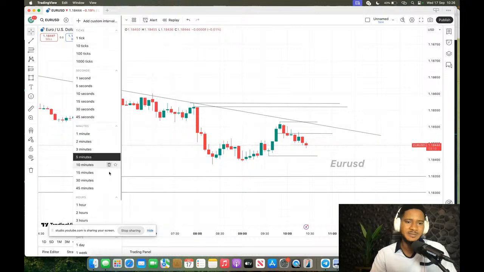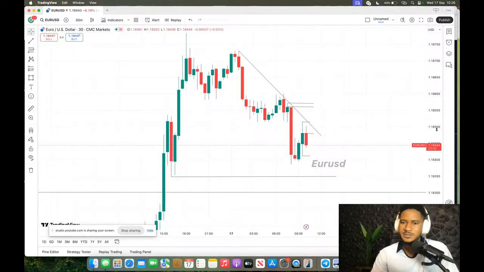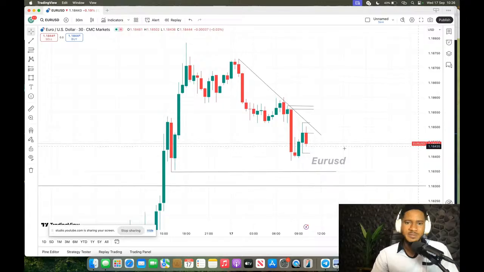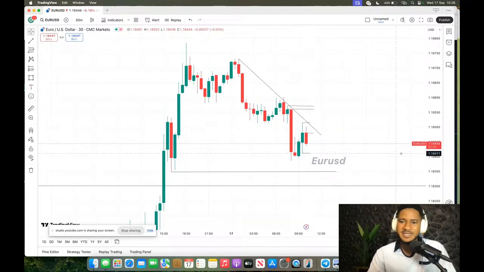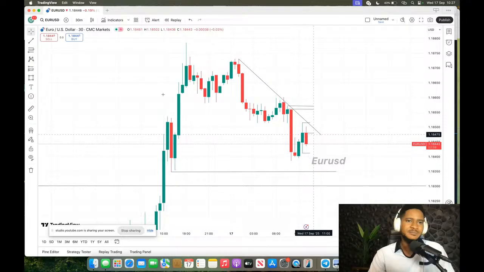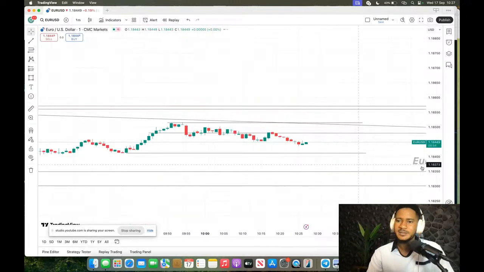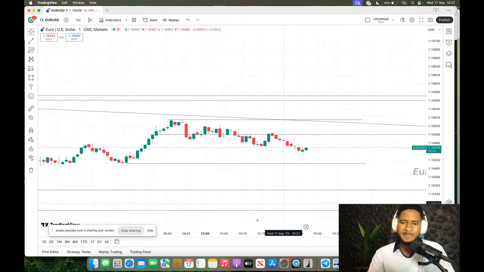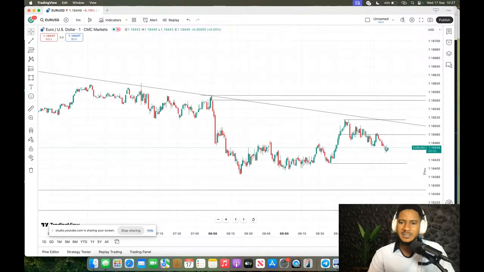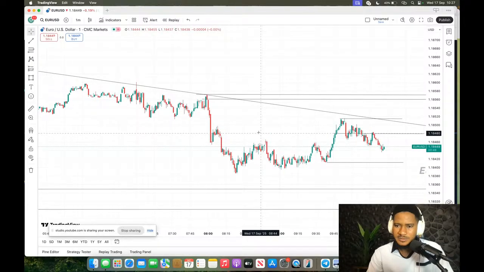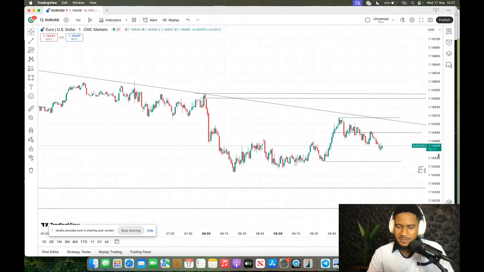This is 30 minutes now. We can have the next candlestick come up and tap into this region still. Very much possible, and that will be another entry. Let's see what happens.